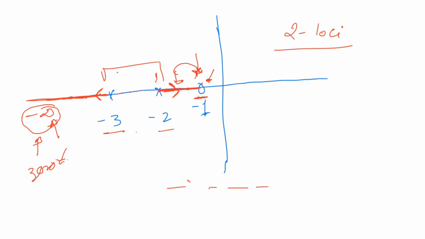This makes the complete root locus for the given example, where the open loop transfer function was K(s+1) divided by (s+2)(s+3).